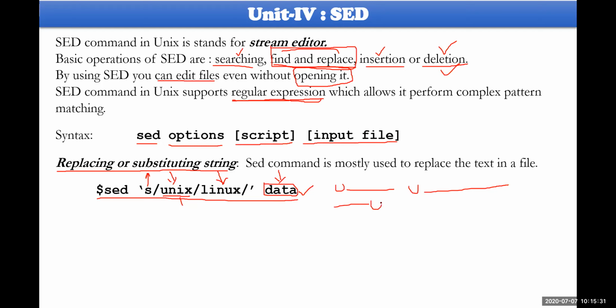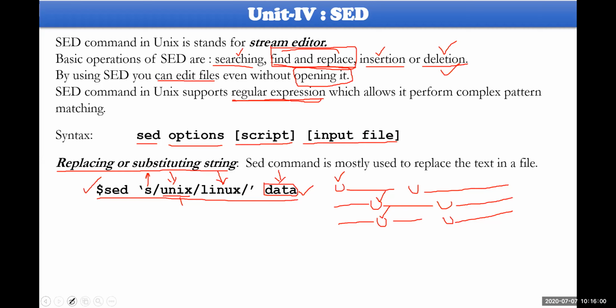Let me write U in the sense that it is Unix, please understand. So some Unix will be there and so on and so forth. Each and every line could be seen in such a fashion. Then this particular syntactical command will change the first occurrence of Unix to Linux in our file. The second occurrence will not be changed using this particular command here.